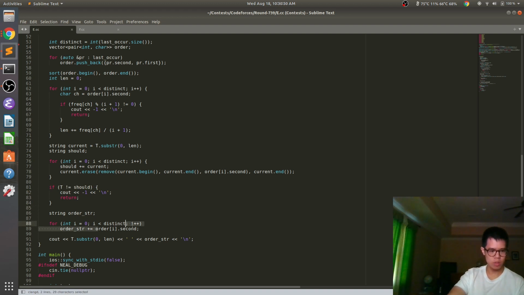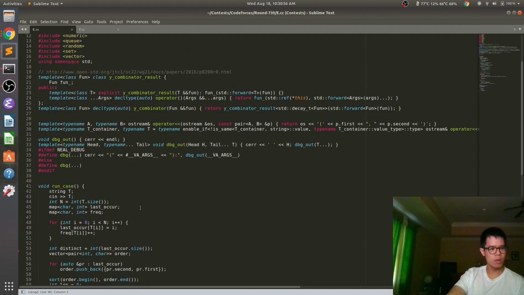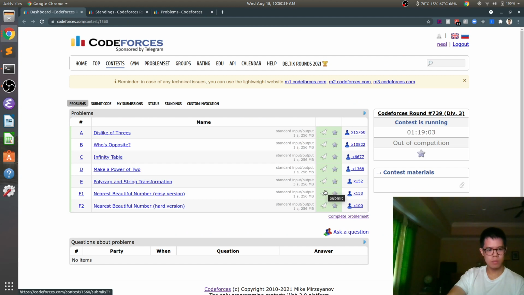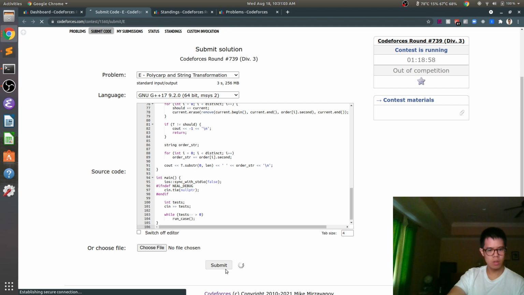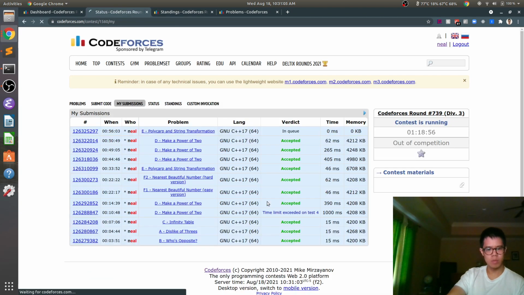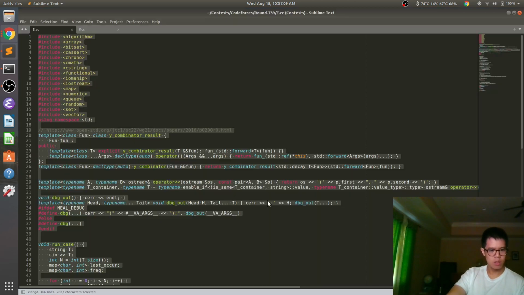We take this string of order, and we take this original string again, and we just output those. I'll just resort this here. This shouldn't matter actually, I removed some slightly redundant code. Okay.